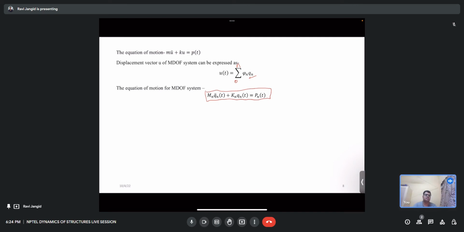Mn is the generalized mass, Kn is the generalized stiffness, and Pn is the generalized force.